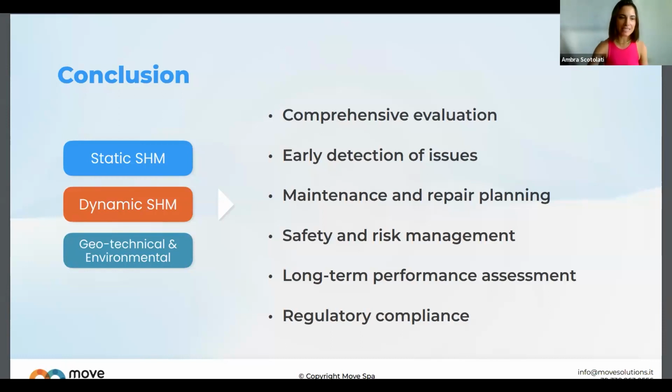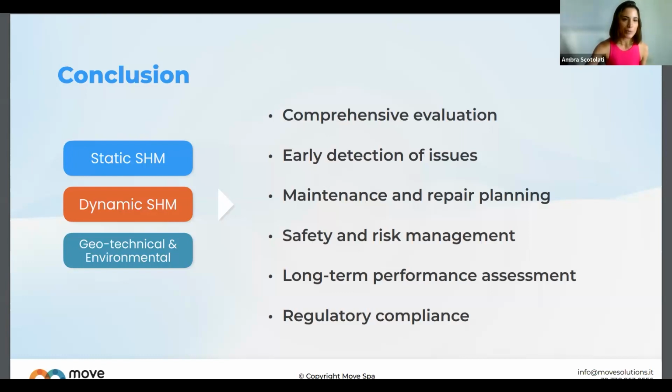I think it's very interesting to see how much structural health monitoring has changed, and is changing, and will keep changing thanks to technology. Thank you for showing us the combination of software, hardware and data analysis tools for a more comprehensive approach to structural analysis.